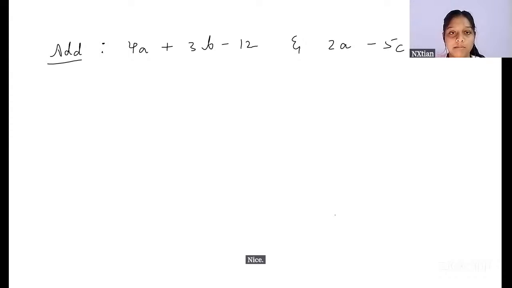These are two different expressions that I have to add. Now, what we are going to do is the column method.